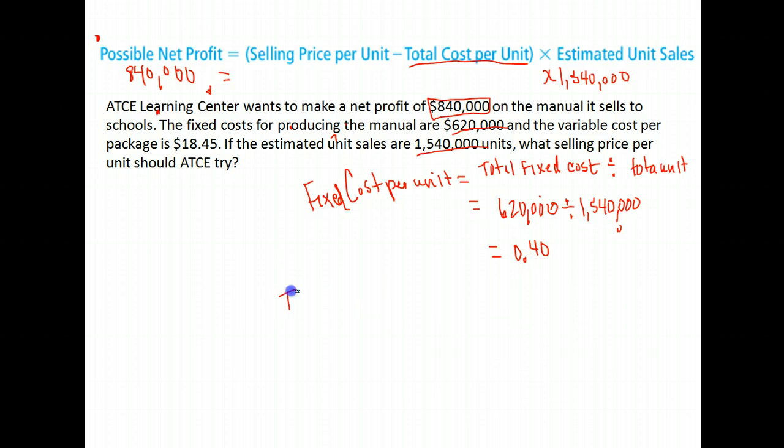Okay, so now let's find the total cost. Total cost per unit would be the 40 cents for our fixed cost that we just found, plus the variable cost, which it said were $18.45 a unit. So we take our $18.45 and add 40 to it, and we get $18.85.